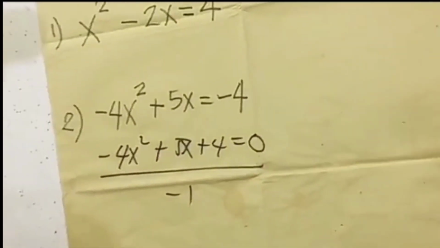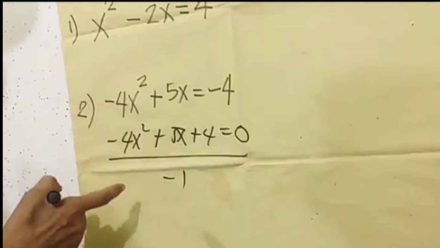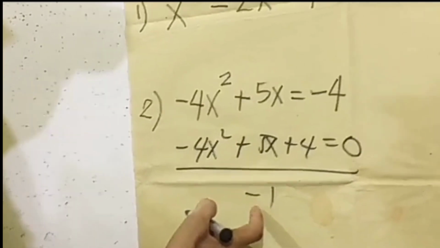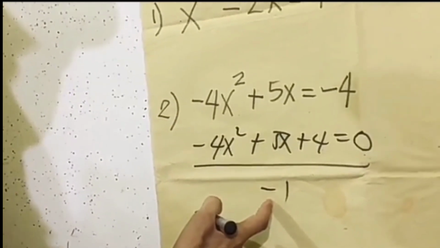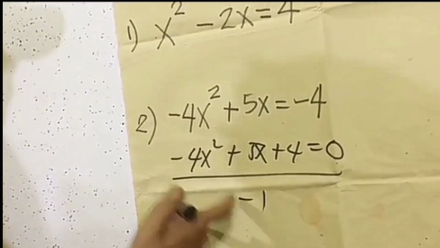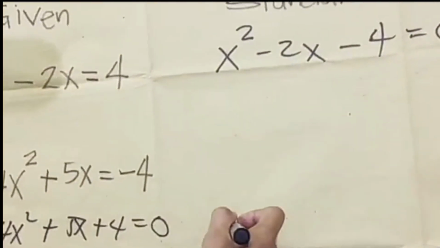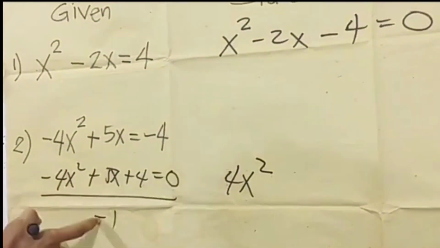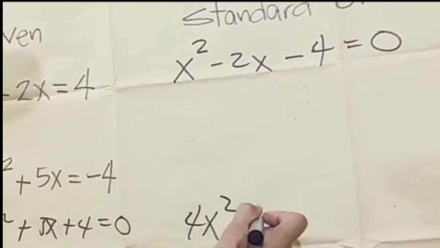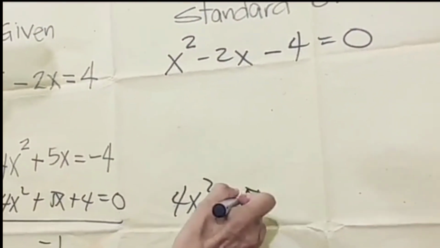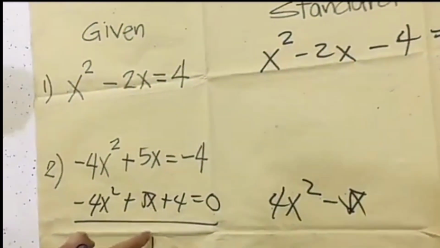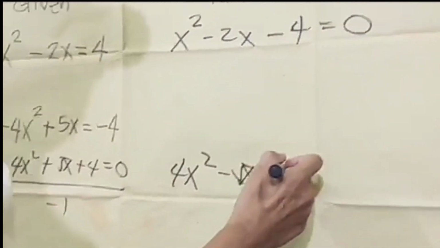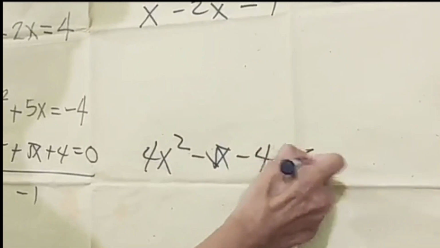Okay. Now, to find the standard quadratic equation, we have negative divided by negative equals positive. So positive 4x squared. Then positive divided by negative, we have negative 5x now. Then positive divided by negative, we have negative 4 equals 0.